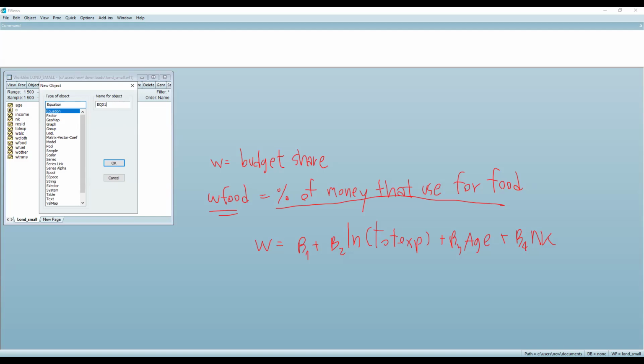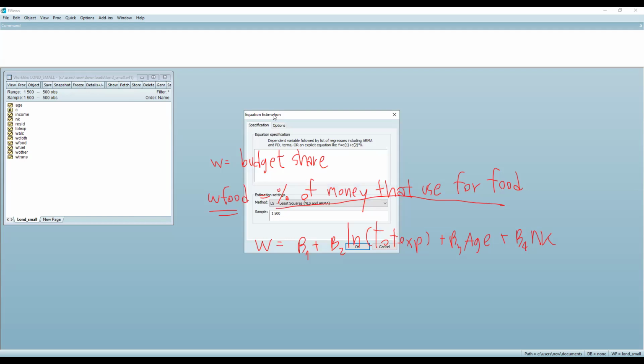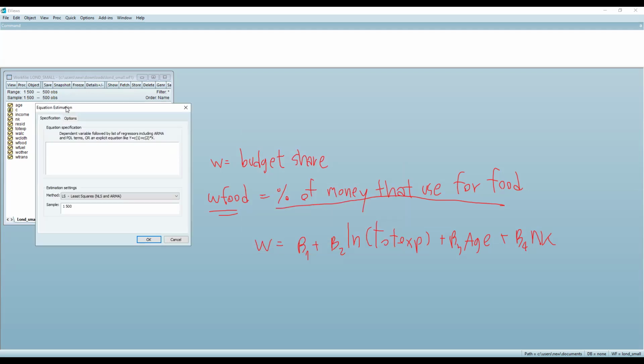Then to do it, you have to put equation estimation.